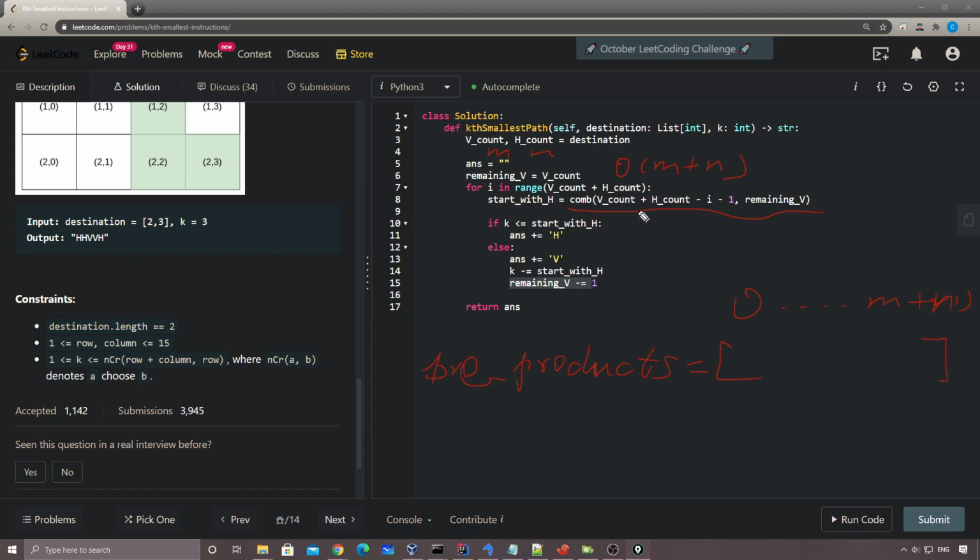So the total time complexity should be O of m plus n.